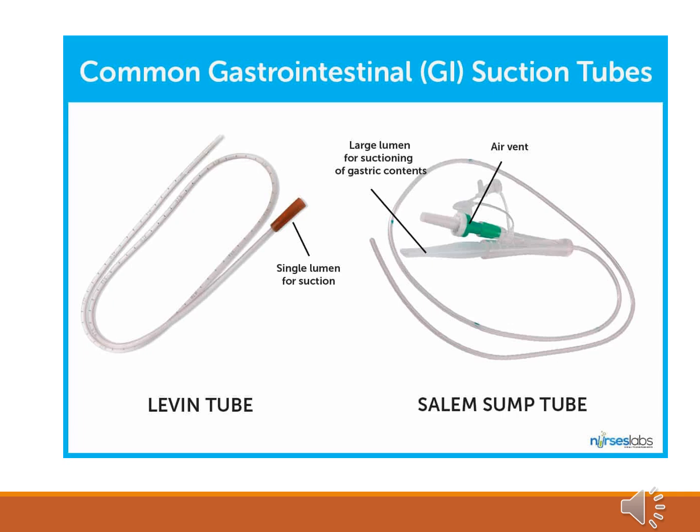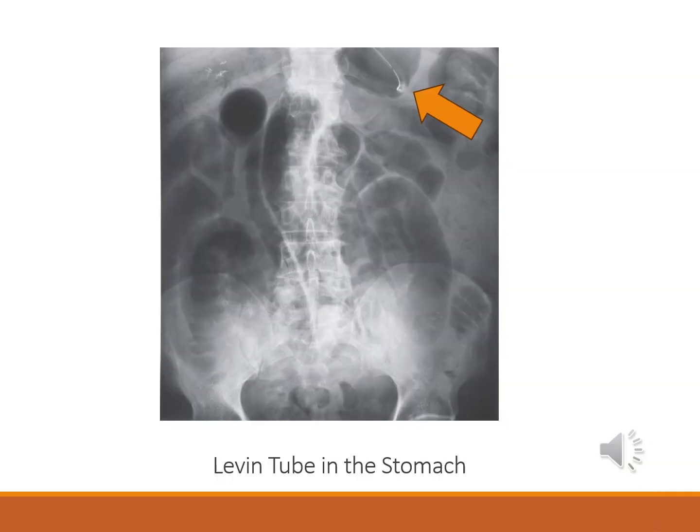This design allows atmospheric air to flow into the stomach, which helps regulate suction pressure and prevent damage or ulcers in the stomach lining. This image on the slide is showing the placement of a Levin NG tube in the stomach of a patient. Oftentimes, X-rays are performed to ensure that tube placement is accurate within the patient.